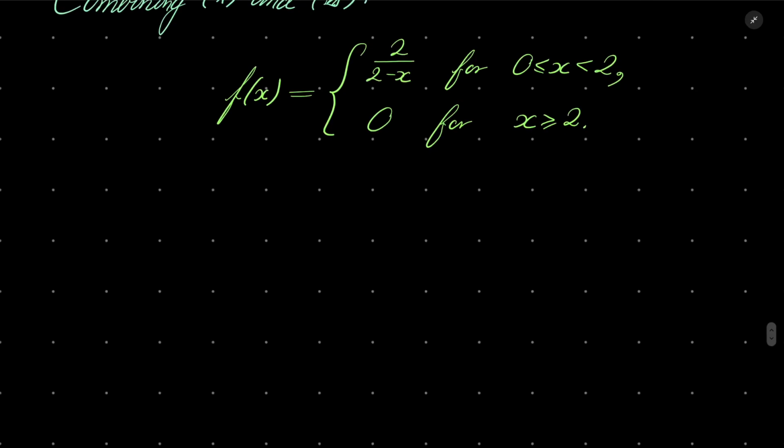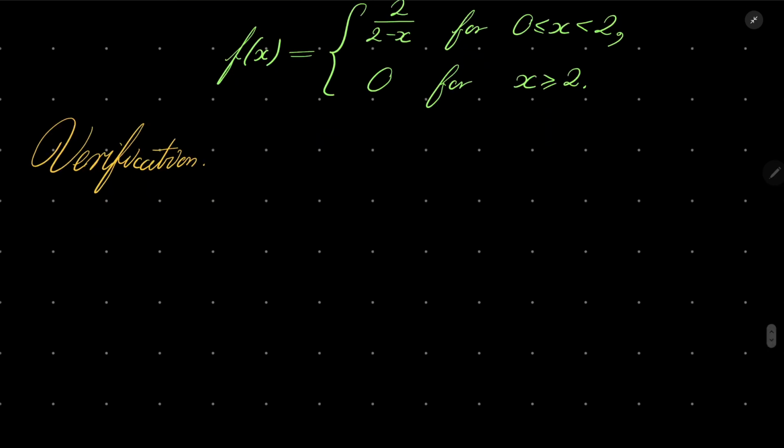Right, but now we have to do verification. Very important. Verification will be partitioned into separate cases. So remember that we have to verify our very first condition. In essence, we have to verify 3 conditions. First condition, or rather, let's go backwards. Condition number 3, is f of 2 equals 0?